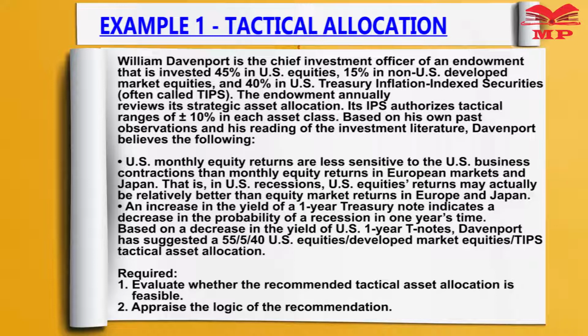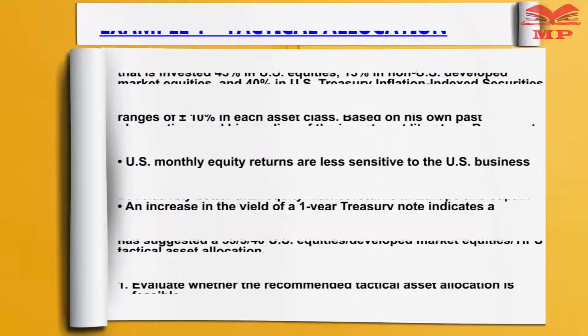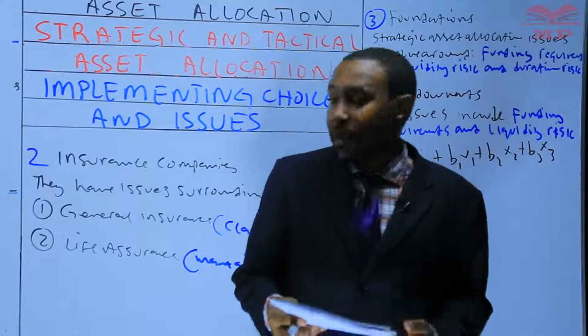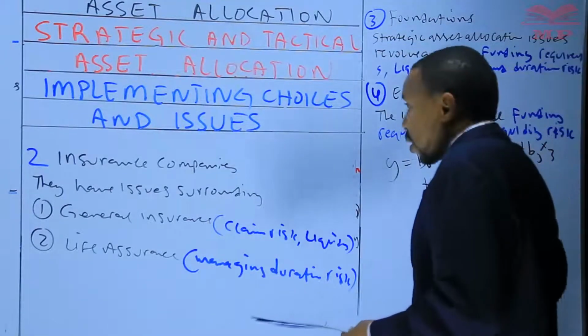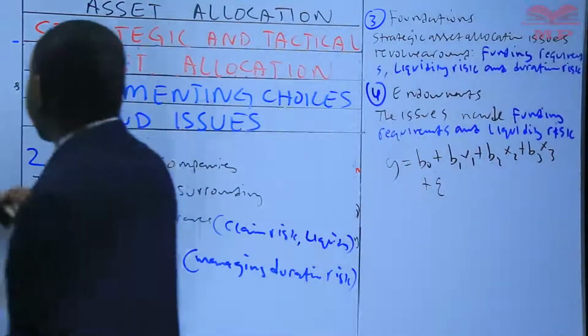tactical asset allocation ranges. So we are seeing from the question that the IPS authorizes tactical ranges of plus or minus 10%. So what does that mean? You can come on this other side over here.